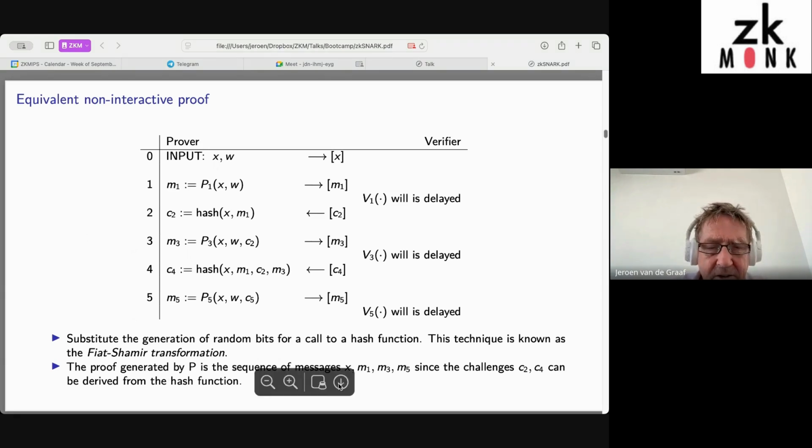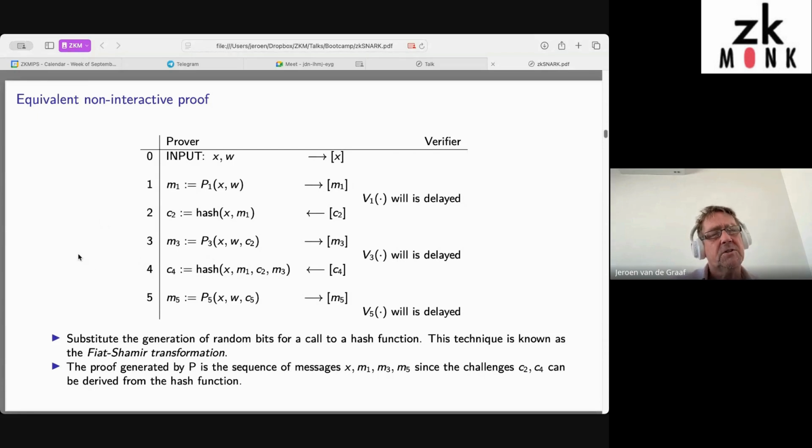Note that you don't even have to include, so what the prover needs is M1, M3, M5. He doesn't even have to include C2 and C4, because the hash function is public, so everybody can recompute the randomness that's needed.